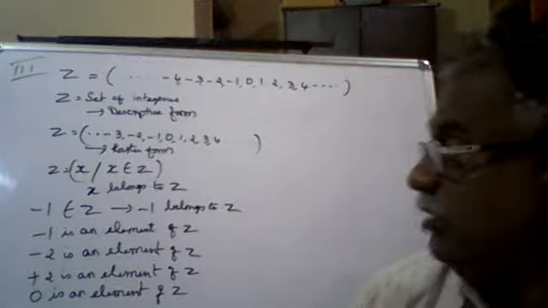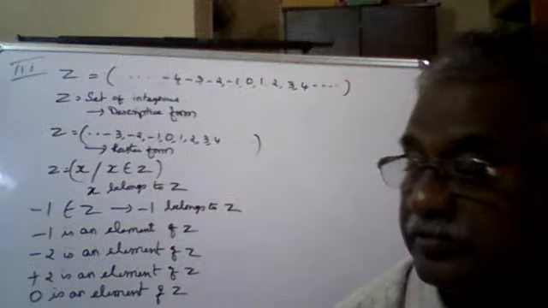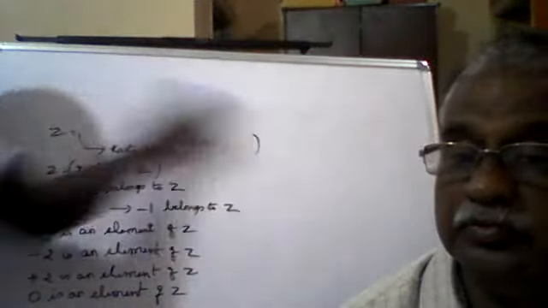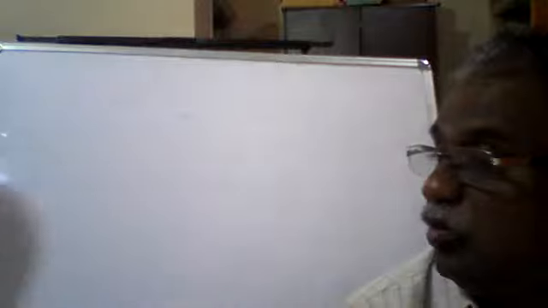One more thing you must note. You write 1 by 2. Put an element symbol and slash it, cancel it.